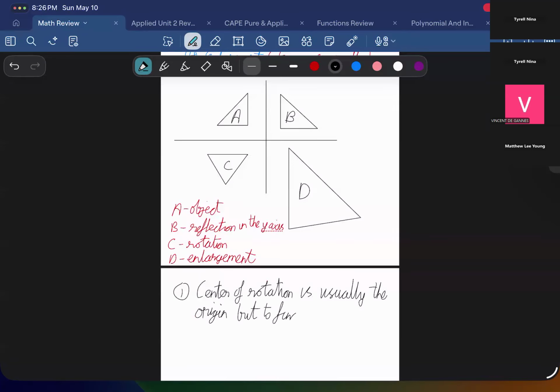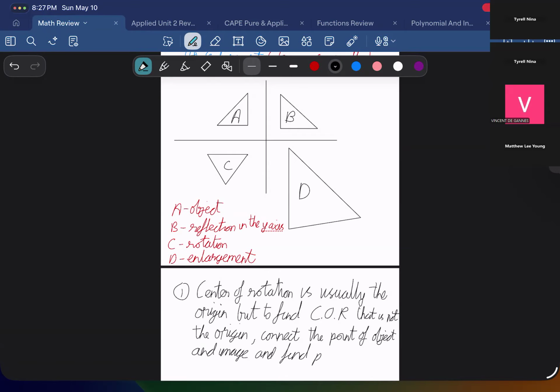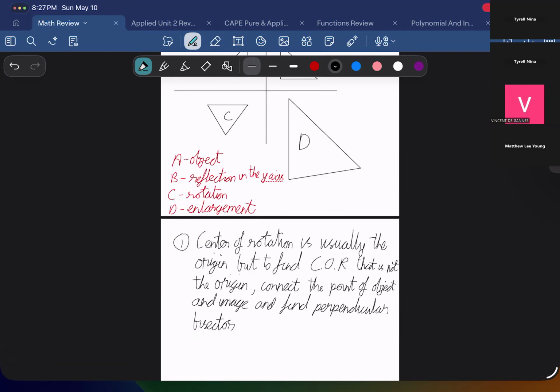But to find the center of rotation that is not the origin, connect the point of object and image and find the perpendicular bisector, and where they meet is the center.